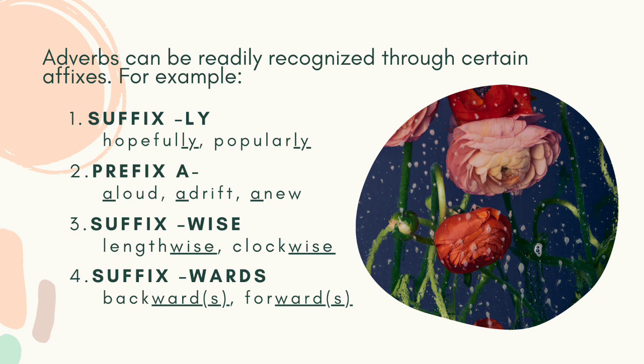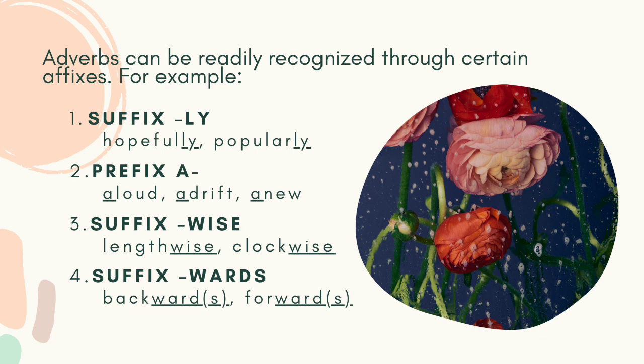Number 2 is prefix "a." Unlike a suffix, a prefix is a word, letter, or number placed before another. For example, loud became aloud, drift became adrift, and new became anew.